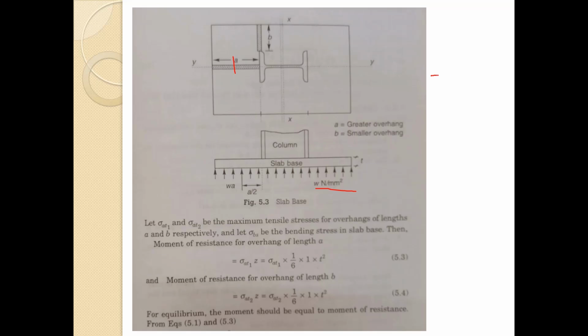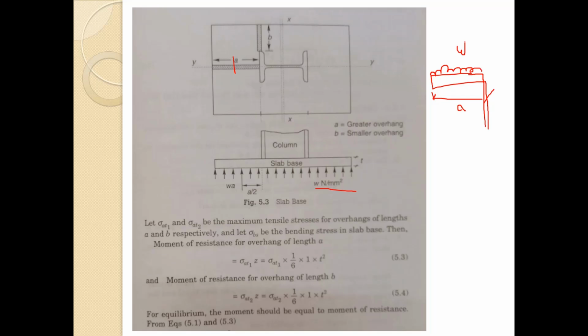So if you consider this, I will again draw the diagram. This is the cantilever. Here this column is there. So this distance is nothing but this A, and UDL is of W intensity.